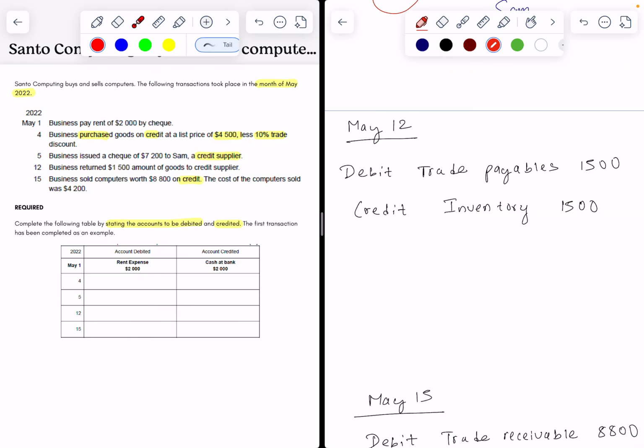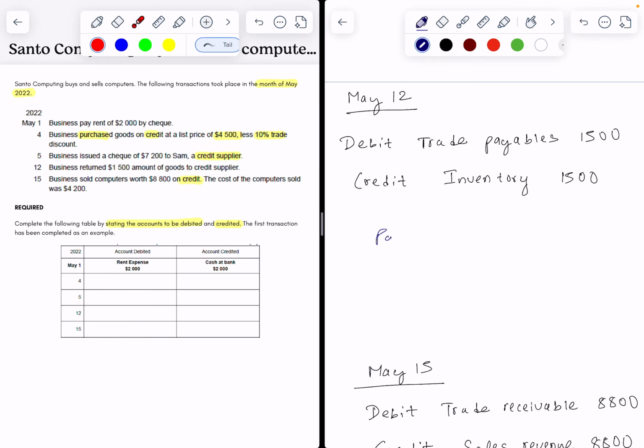The business returned $1,500 amount of goods to credit supplier. Okay. So again, we need to understand what happened in the past, all right, before we can understand what to do on the 12th of May. So in the past, the business would have bought goods on credit, all right?